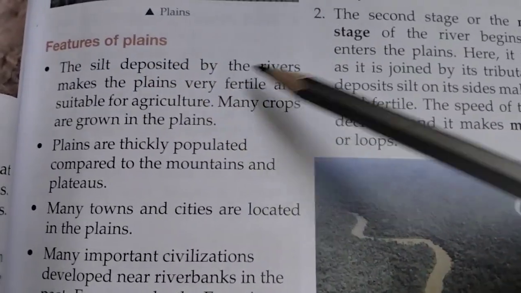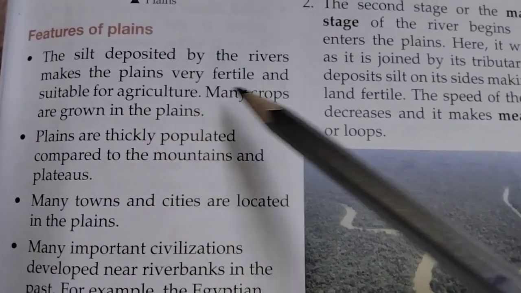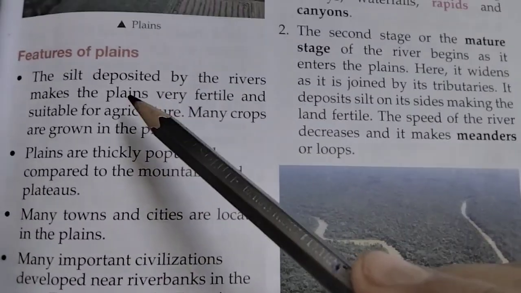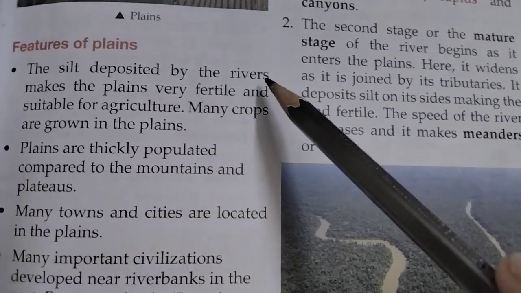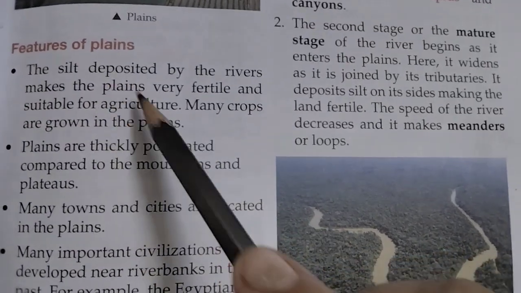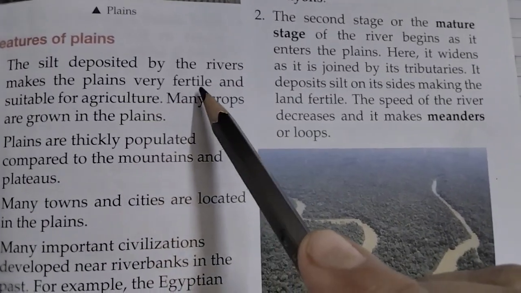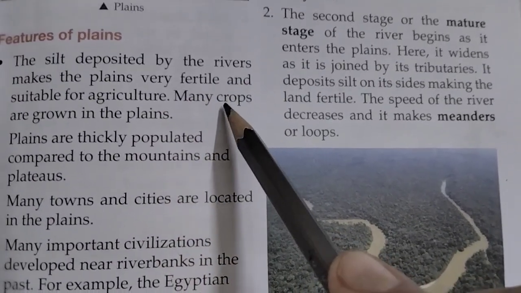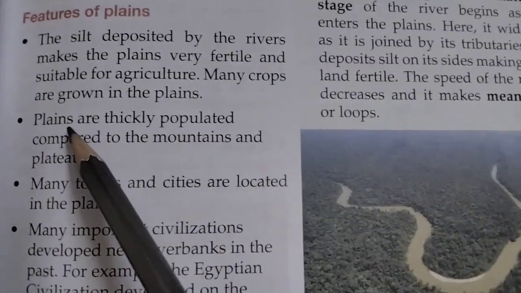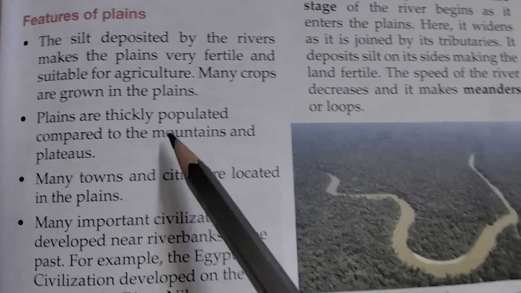Now let's see the features of the plains. The silt deposited by the rivers makes the plains very fertile and suitable for agriculture. Many crops are grown in the plains. Obviously, when the plains are formed by the rivers, they bring with them a very good type of soil, and that soil is very good for growing crops, and that soil's name is alluvial soil. So that's why different types of crops are grown in the plains. Plains are thickly populated compared to mountains and plateaus.